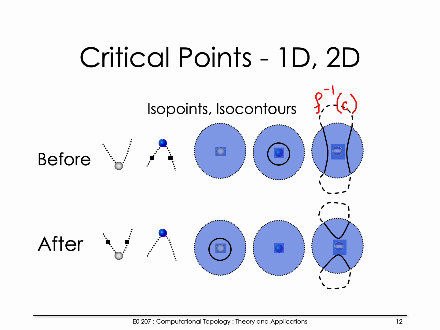So now let's look at the isocontour globally. Before I cross the saddle value, the isocontour had 1 component. After I cross the saddle, the isocontour has 2 components. So the number of components has increased. Of course, the isocontour could have been connected differently in the before picture.